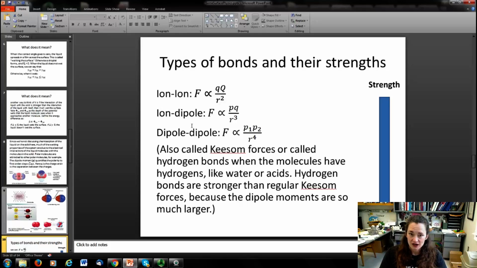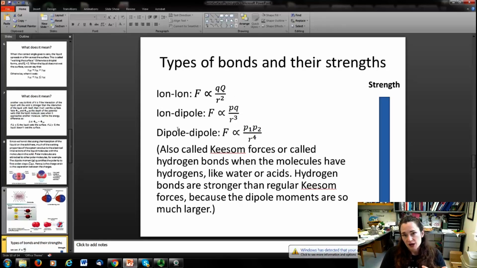Now, if instead you have an ion interacting with a dipole, your force is going to be proportional to the dipole moment of your dipole times the charge on the ion divided by the distance between the two cubed, okay? So since the distance goes as the cube here, you can see that this force would naturally be a little weaker than the ion-ion force, right?